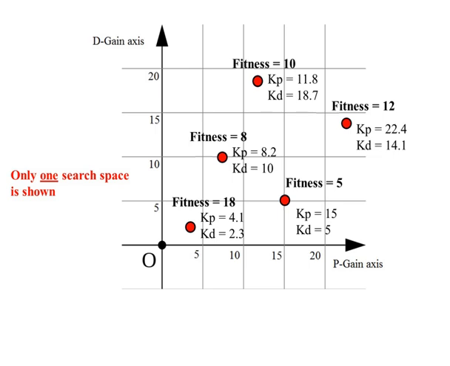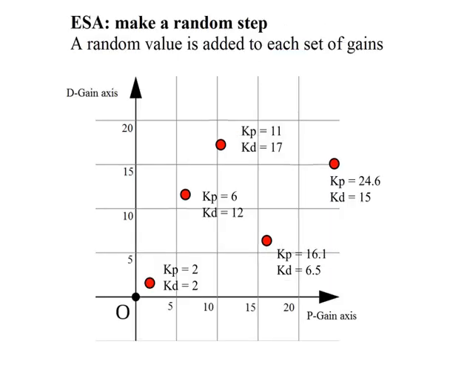Sure, this is done for each search variable, but here we are showing only the height variable. Now, according to ESA, a random step should be made. This is made by adding a random value, whether it is positive or negative, to the gain sets. Thus, new gain values are calculated from the old gain values.